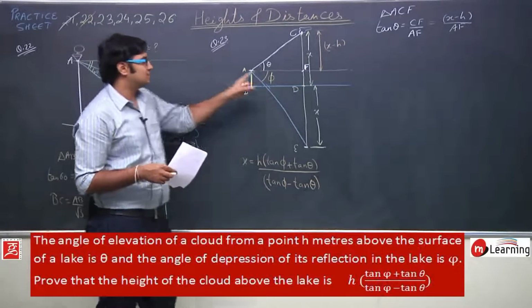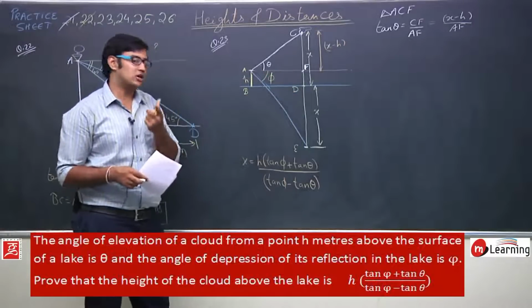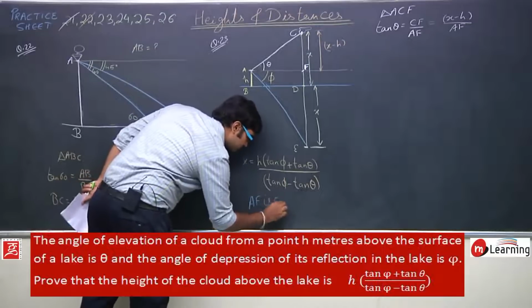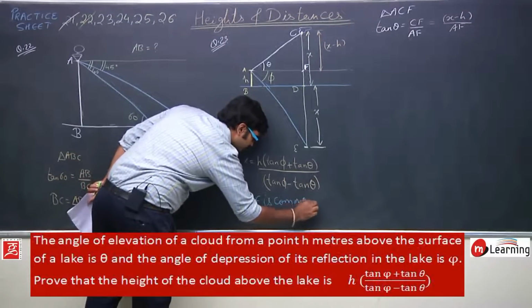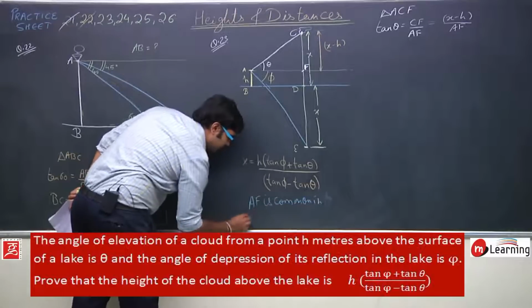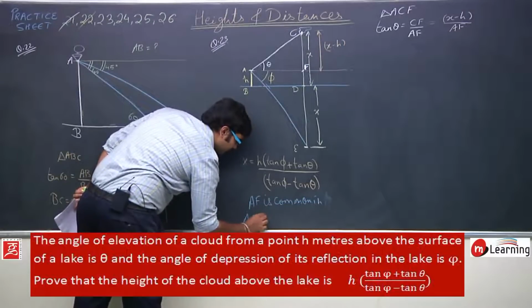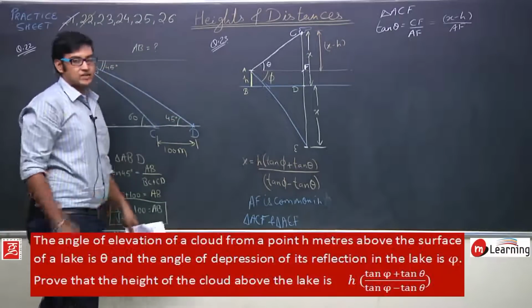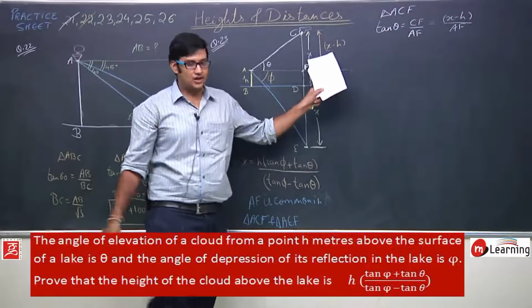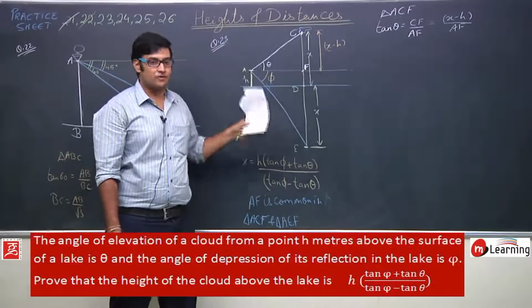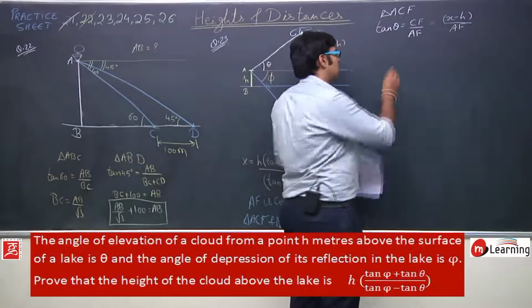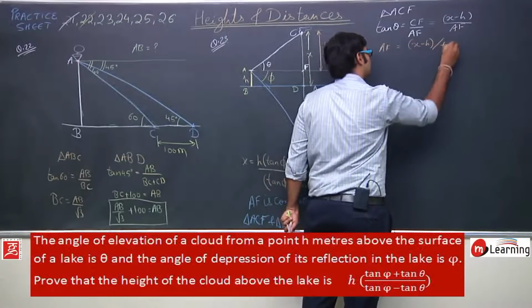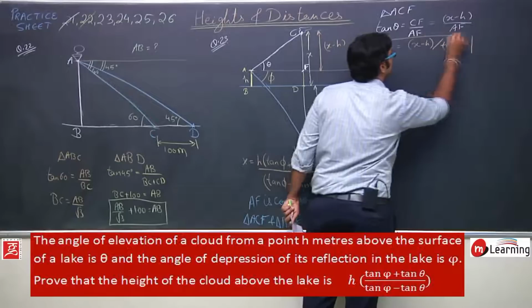So AF is common in triangle ACF and triangle AEF. That's why I have chosen this perpendicular in terms of X and H and this AF. So from here I can see the value of AF will be equal to X minus H upon tan theta. This is the value of AF.